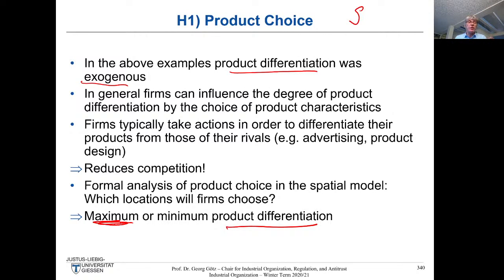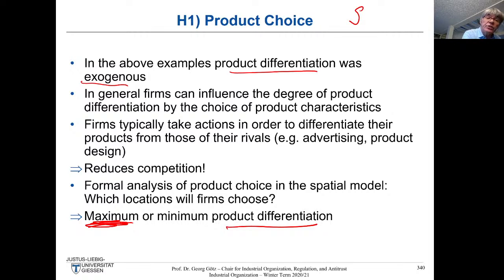These products were as different as possible in terms of design or in terms of real location. Okay, they were different. And the question, which we can address in this model, is: will they actually choose this kind of maximum product differentiation, or will they rather choose minimum product differentiation, which would mean that they are located at the same spot? Or do they choose something in between?